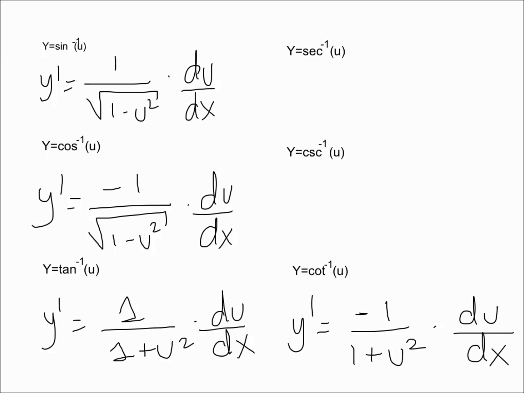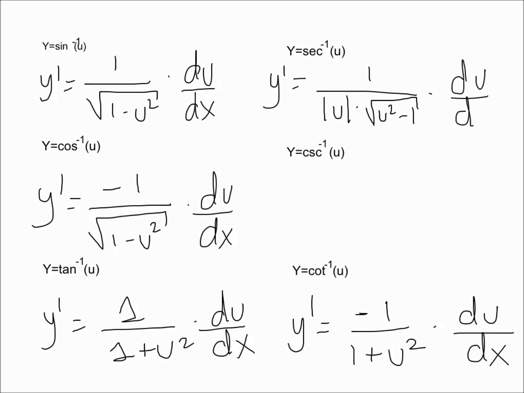For the case of the inverse secant, y prime is equal to 1 over the absolute value of u times the square root of u squared minus 1 times du dx.